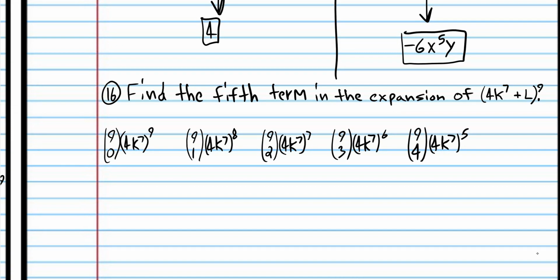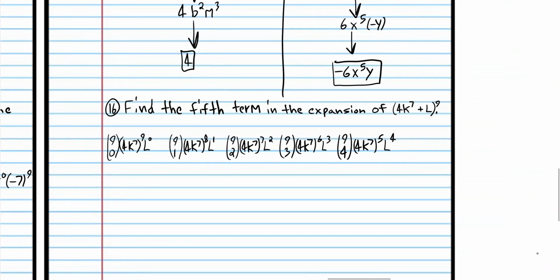So now we need L to the 0, L to the 1, L to the 2, L to the 3, L to the 4, and plus dot dot dot plus 9 choose 9, 4k to the 7th raised to the 0 times L to the 9th power.